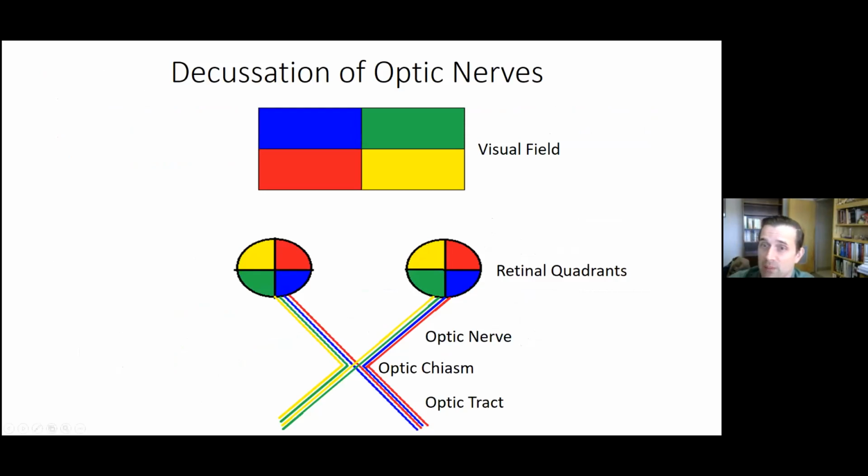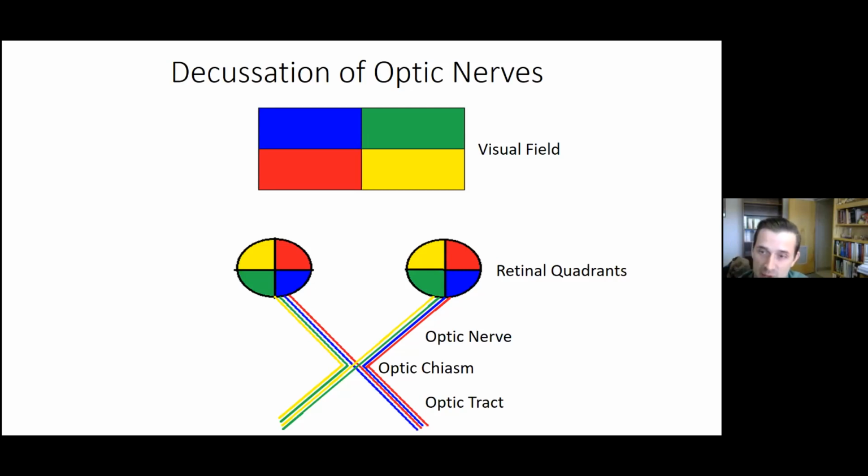So one way to think about this is that because axons from right and left eyes partially cross in the optic chiasm like we saw earlier, and because our lens actually inverts the images that we're seeing, and we'll see an example of that in just a few minutes, the right side of the visual field goes to the left side of the brain.